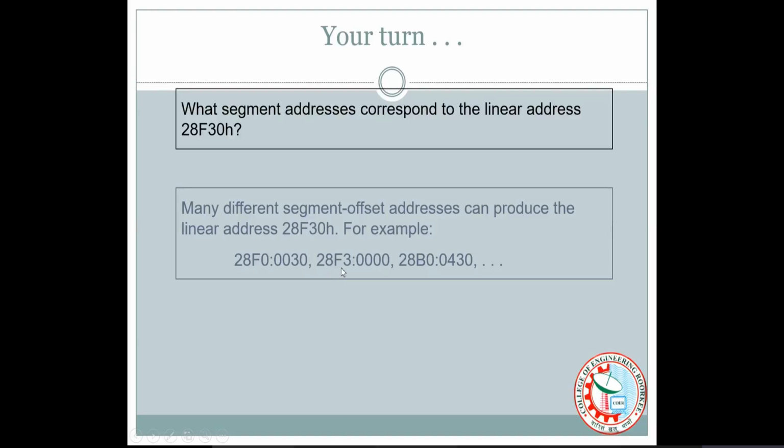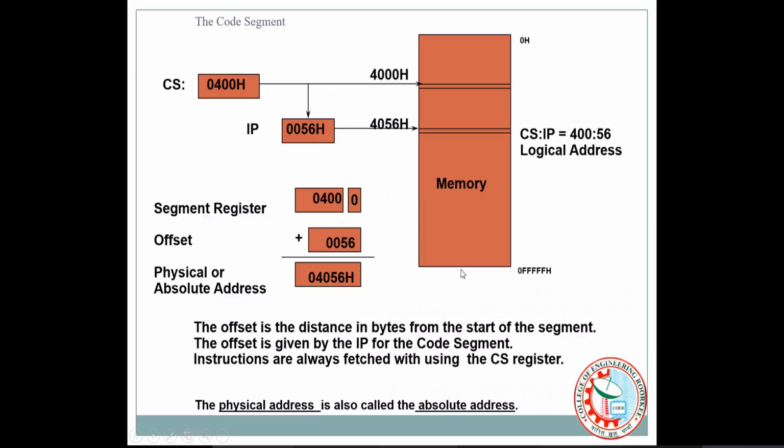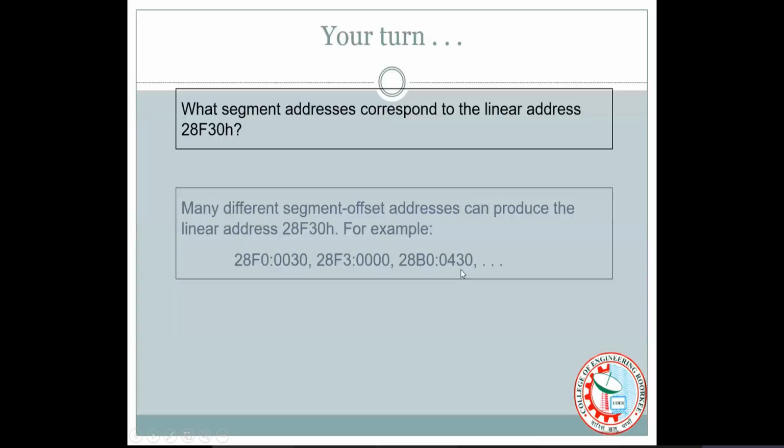Next, 28F3 colon 0000 will definitely give me 28F30. Then next, 28B0 colon 0430. My point is, the question can come in any way. Just be careful what they are looking for.